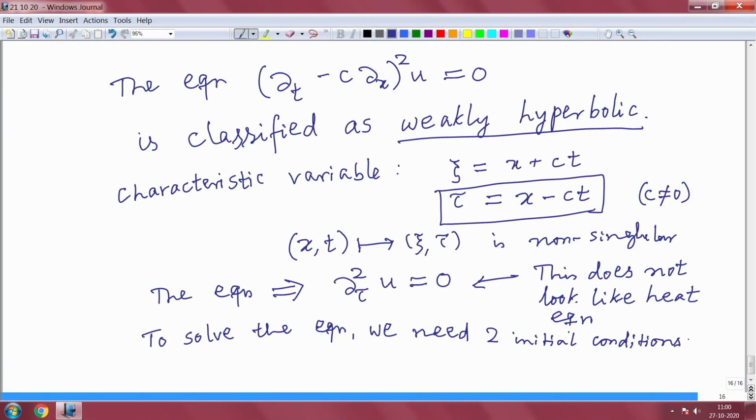So, for these two reasons, again I stress that this equation should not be classified as parabolic. So, it is classified as weakly hyperbolic.